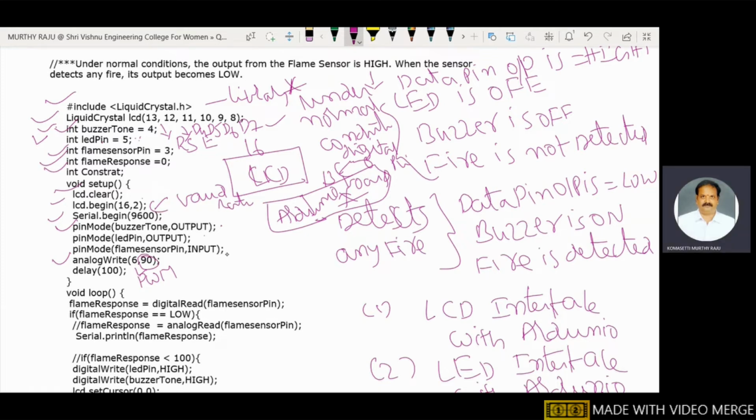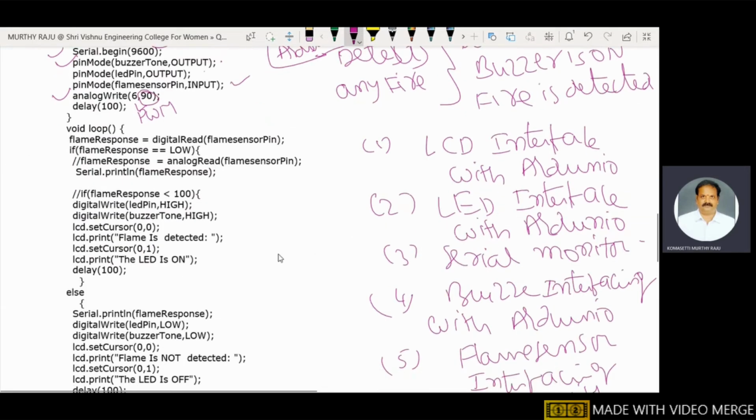The data pin is the output of the flame sensor, which is connected as input to the Arduino board. That is the reason here it is input. For contrast variation, we use analog write. Delay 100 milliseconds. These are some important declarations at the beginning of the program.